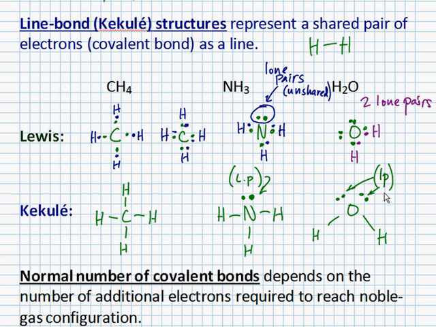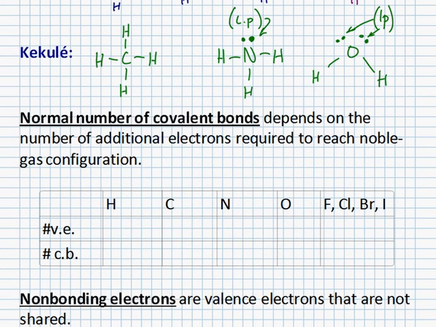Right? So let's just take some of these patterns that we talked about in order to get us to see how these elements tend to bond with each other. The normal number of covalent bonds depends on the number of additional electrons required to reach the noble gas configuration. So hydrogen has 1 of its own valence electrons. Okay?